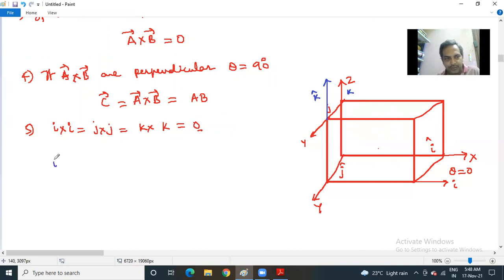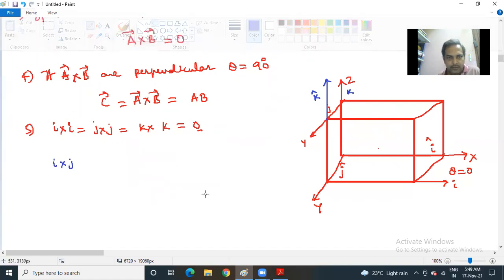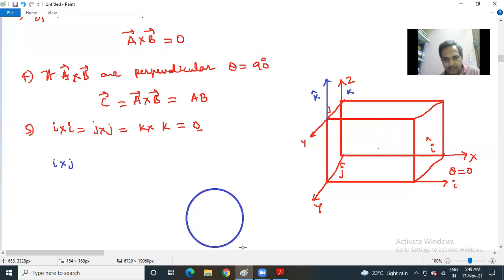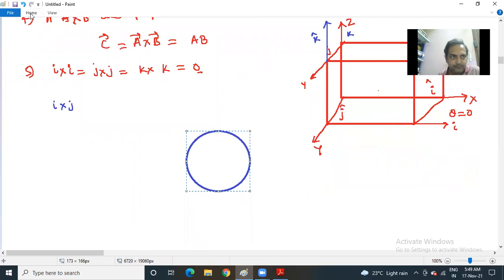Now there is another issue here, I cross J. You take a circle, you divide it into 3 parts, roughly like this. This is I, this one is J, this one is K. Now suppose I may be moving towards J in clockwise sense.